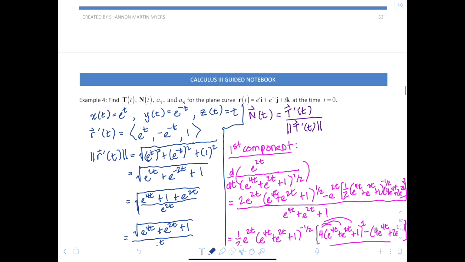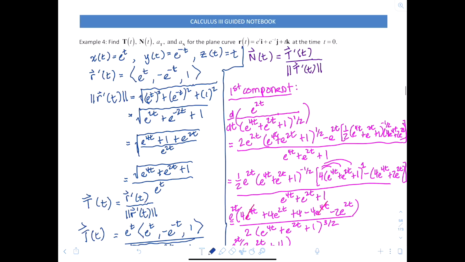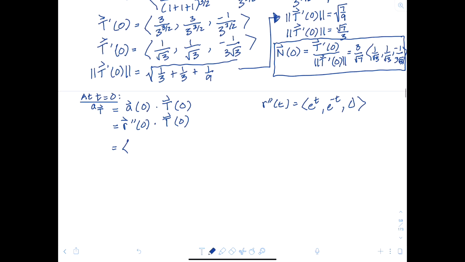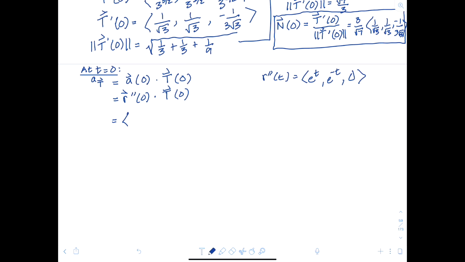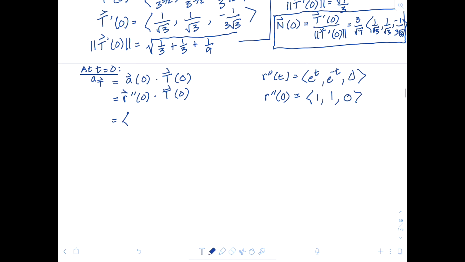Just double checking. Yep. Okay, and so r double prime at 0 therefore will be 1 over 1, which is 1, 0. So 1, 1, 0 dot T at 0.